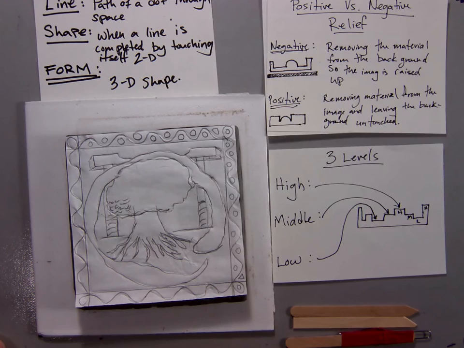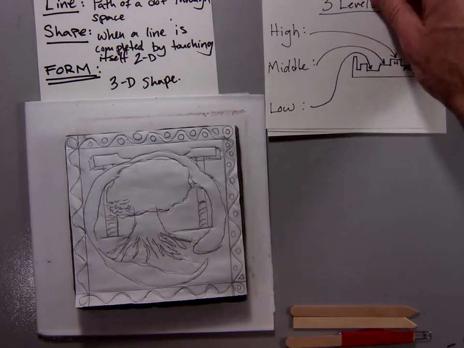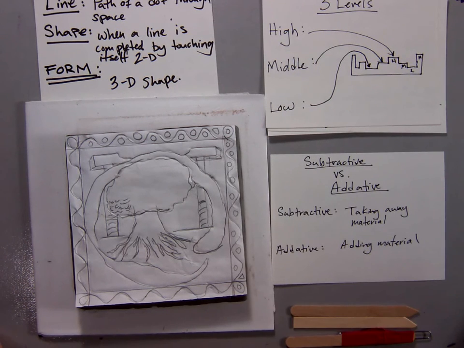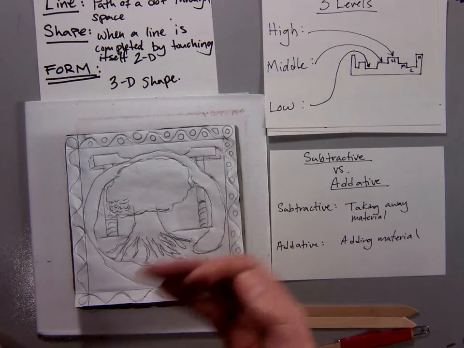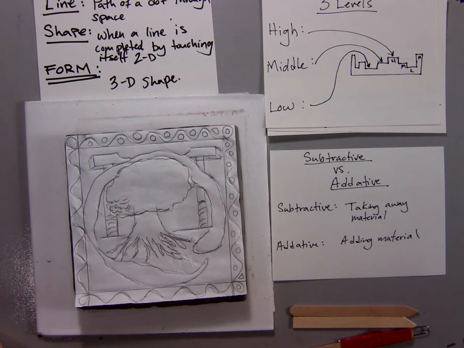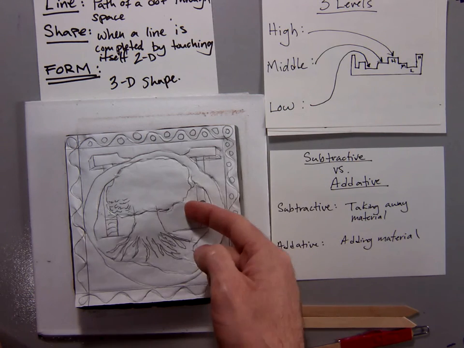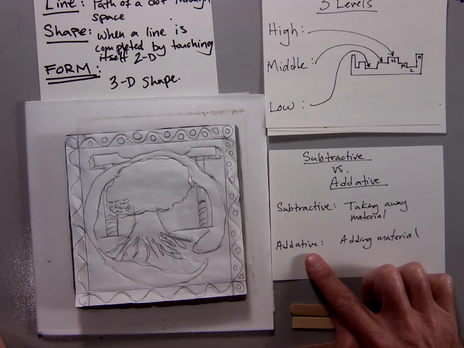All right? Now, some of you might run into a problem where you've got the need for additive sculpture. Subtractive sculpture, we've already kind of talked about. It's the negative. It's like carving away the material. You're taking material out of the picture. Like if I want to remove this background, I take it out. I'm doing subtractive sculpture. You might have to do a little additive sculpture.